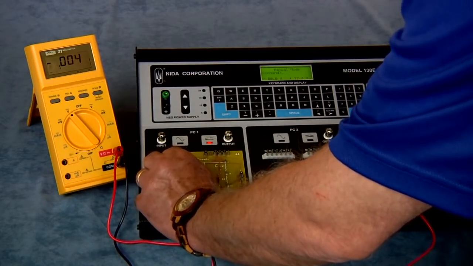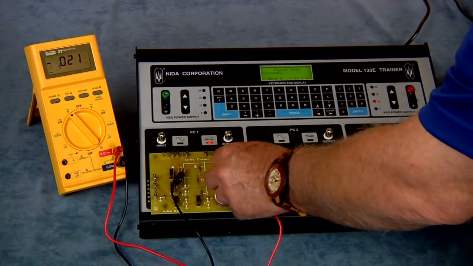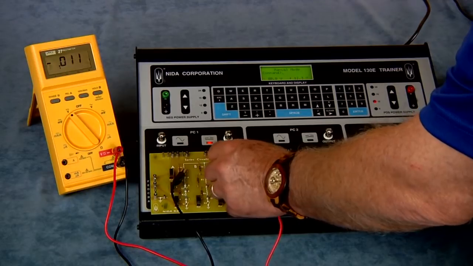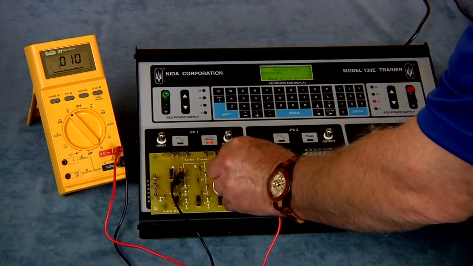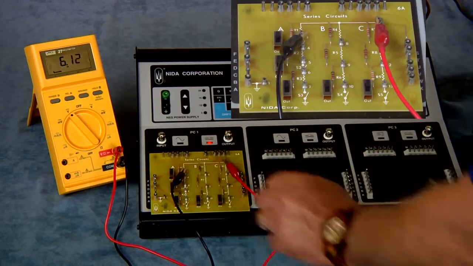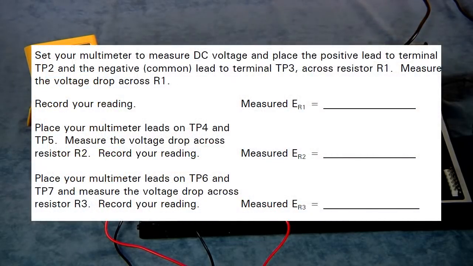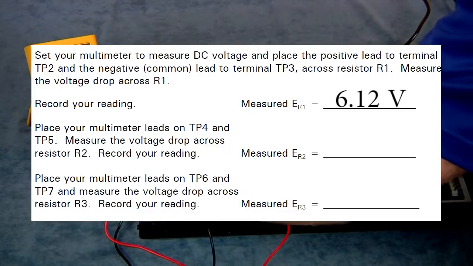So I will measure across R1, and it says between test point 2 and test point 3, and they put test point 2 way over here instead of being over on the top. So I'll stick it right there, and you can see that we've got 6.12 volts. And this is what I'd be entering on the chart on my PDF for resistor R1.